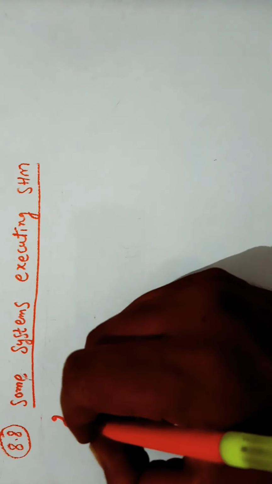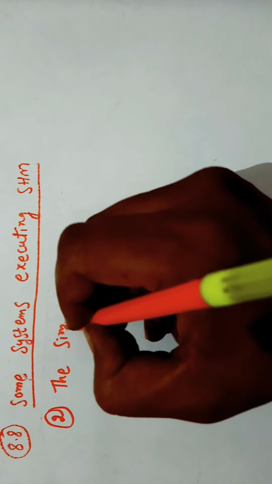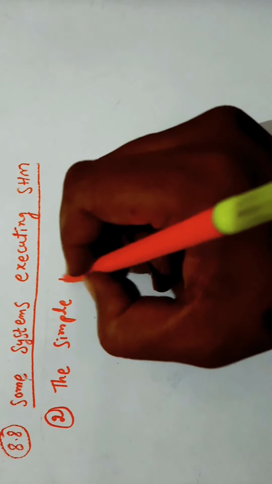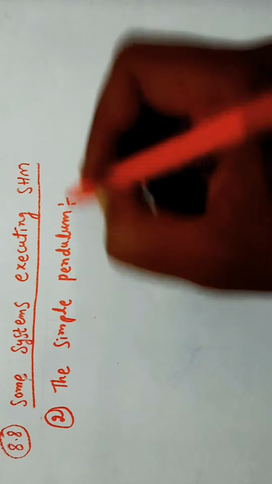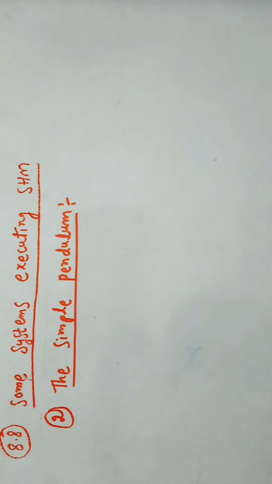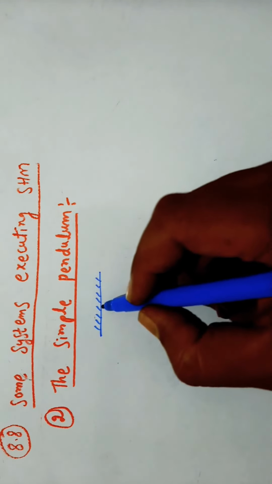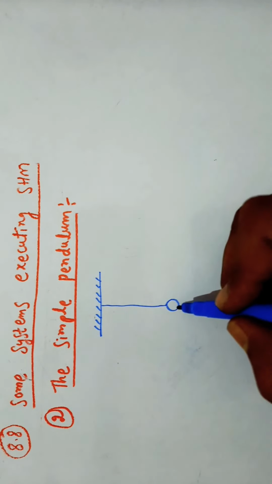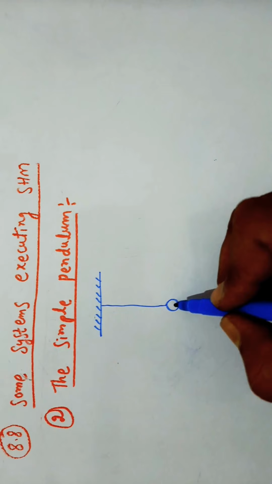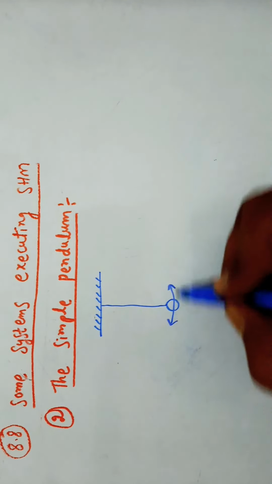Next one is the simple pendulum. Here I am taking a simple pendulum. Here if we apply force on the bob, the bob executes simple harmonic motion.